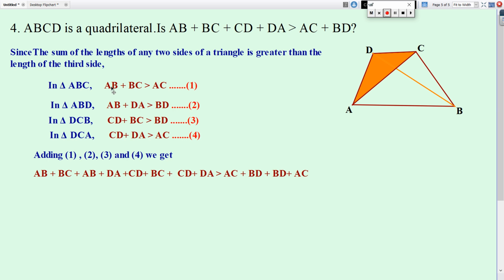You can find two ABs, two BCs, two CDs and two DAs in the LHS.